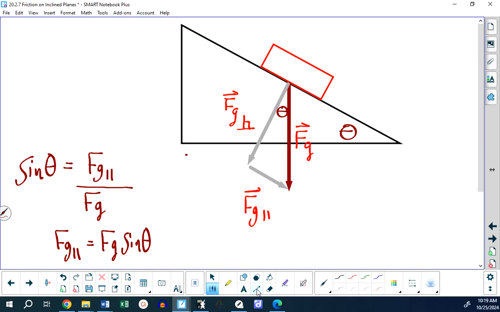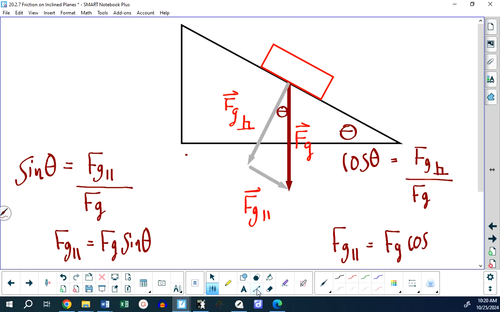And we're going to use those in a second, but I want to show them to you first. And if you do the same thing with cosine of theta, you'll have cos of theta equals the adjacent, which is the perpendicular component, over the force of gravity, which means that the perpendicular component is the force of gravity times the cosine of theta.